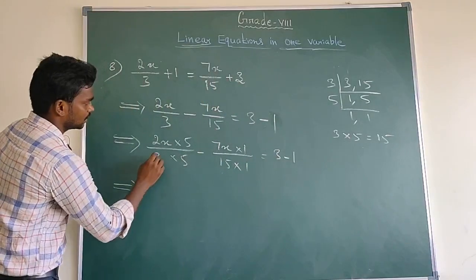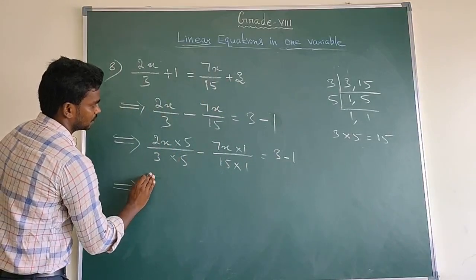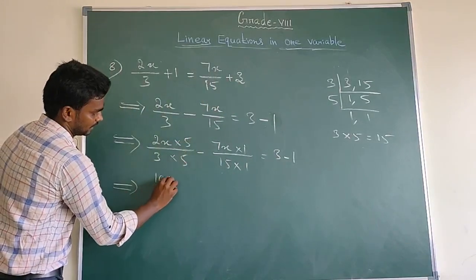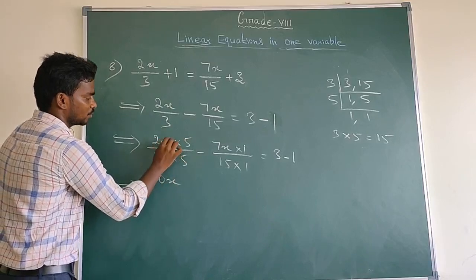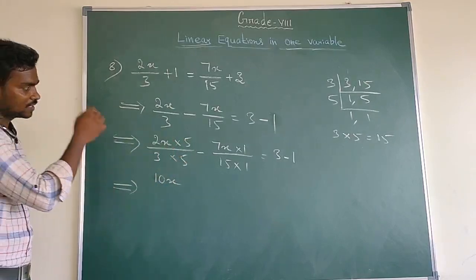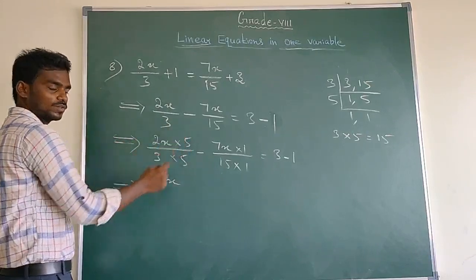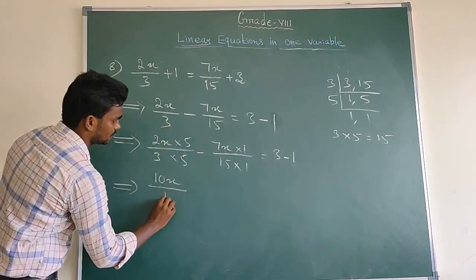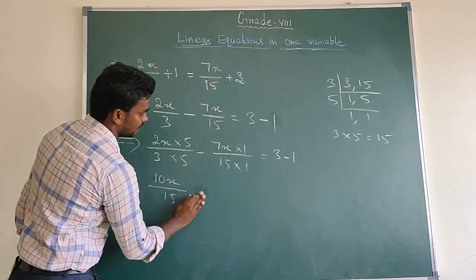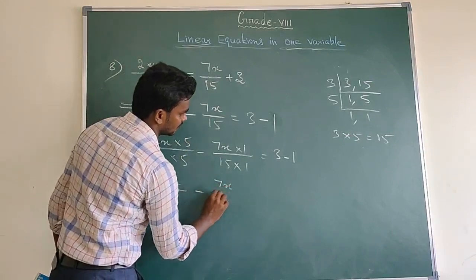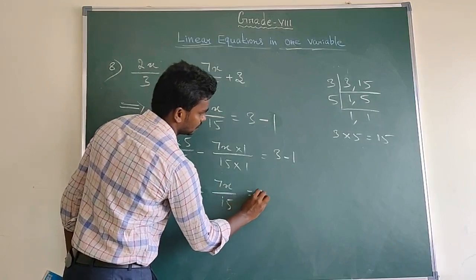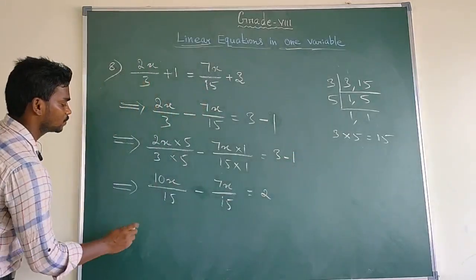So 2x into 5 is 10x. Here 2 is the constant and x is the variable, and you can only multiply the constant numbers. So 2 into 5 is 10x divided by 15, minus 7x divided by 15, equal to 2.